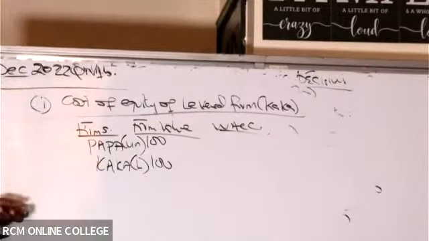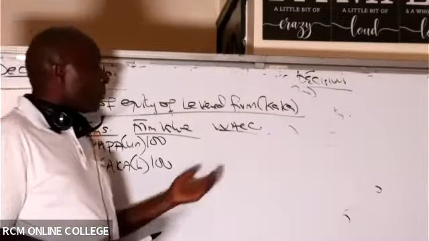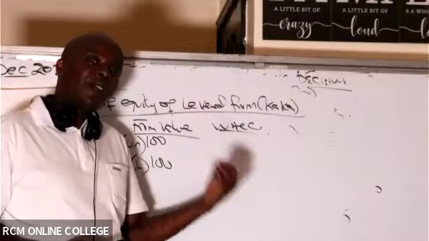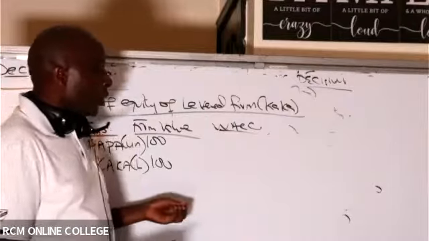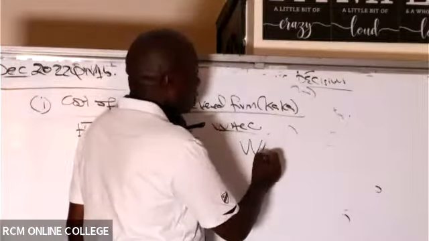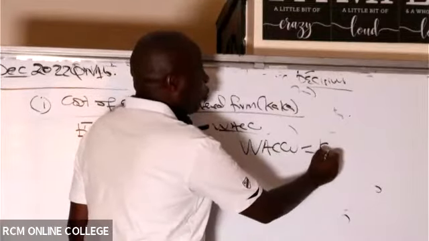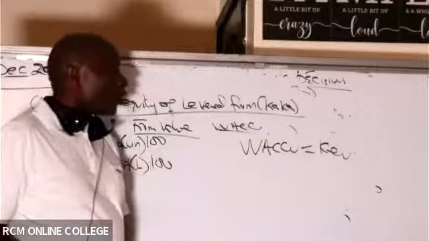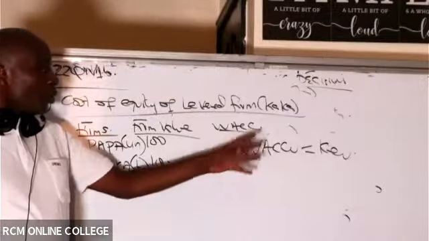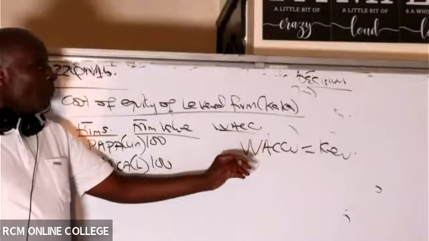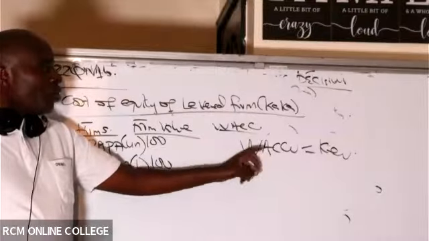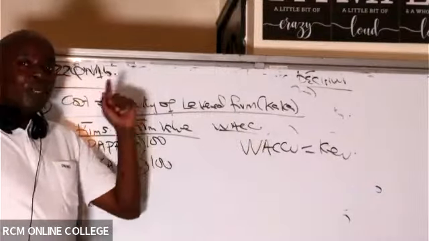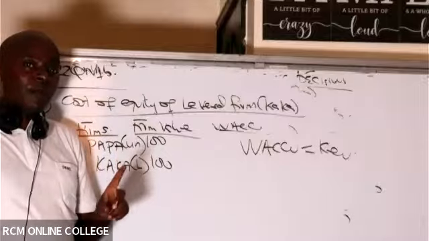There is this one concept that you must always remember, and it's a free mark, really: WACC of unlevered equals Ku. This means the WACC of an unlevered firm will always be equal to the cost of equity of the unlevered firm.